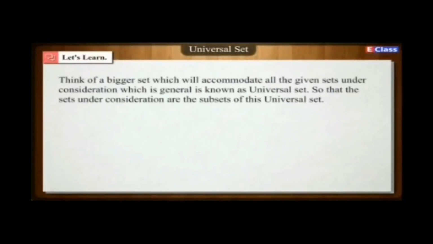Universal set. Think of a bigger set which will accommodate all the given sets under consideration, which in general is known as the universal set, so that the sets under consideration are subsets of this universal set. Let's take an example.